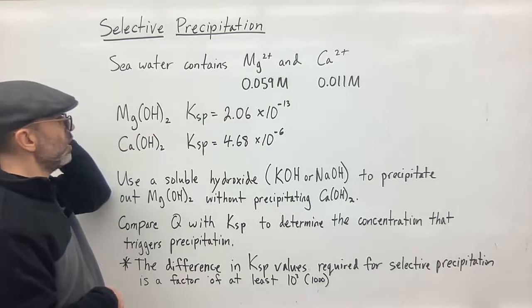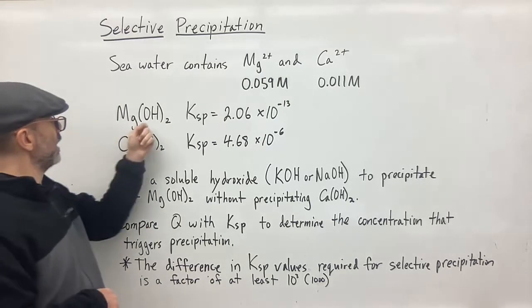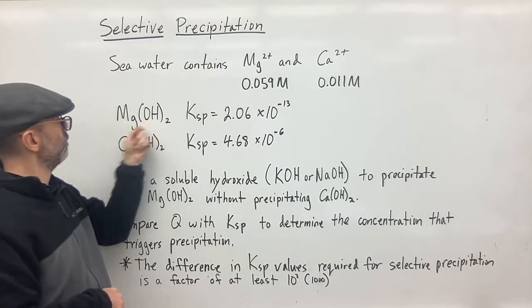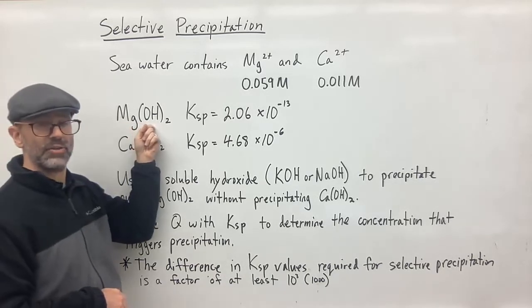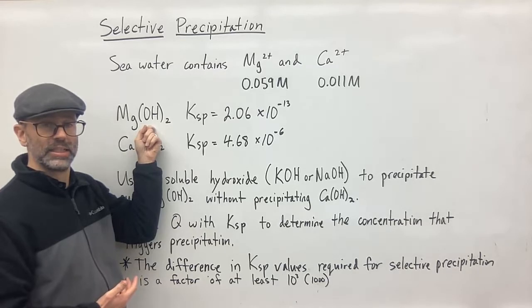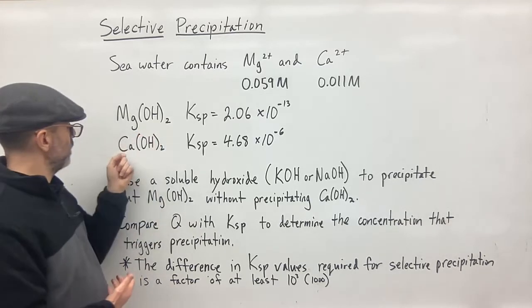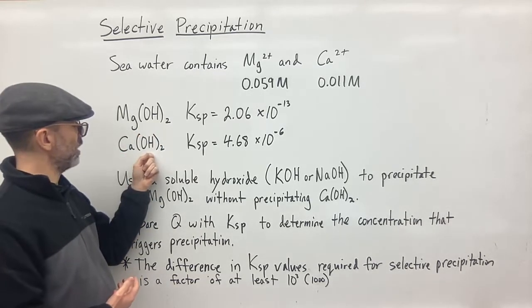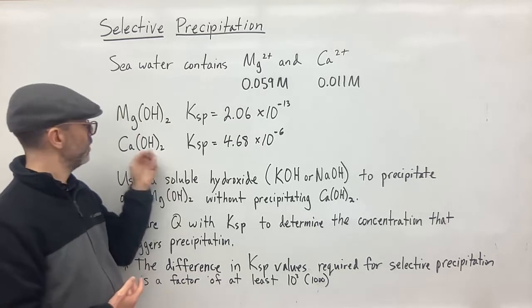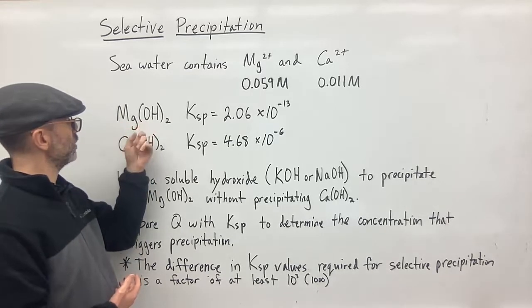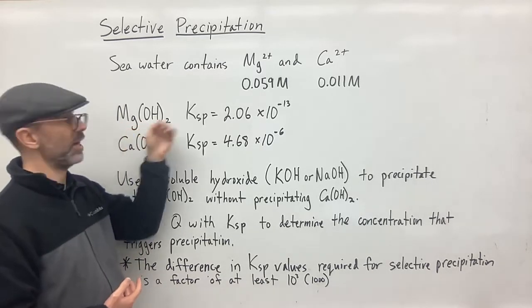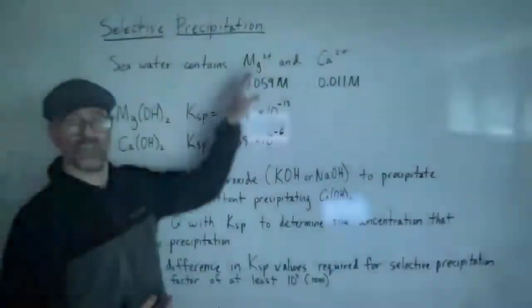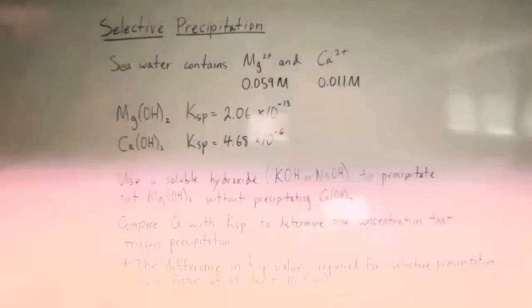So if I could add hydroxide, right? Since magnesium hydroxide has such a low KSP and calcium hydroxide has a higher KSP, then all I need to do is add a hydroxide ion.